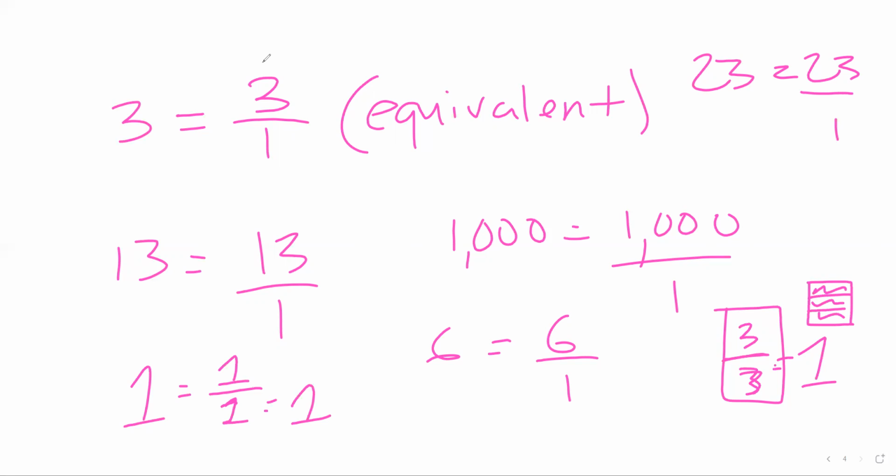Because again, 1 divided by 1 equals 1. So really how this works is when given a whole number and I need to make an equivalent fraction, I can just put it over 1 and I'm done. So 6 as a fraction is written as 6 over 1. 3 as a fraction is written as 3 over 1.